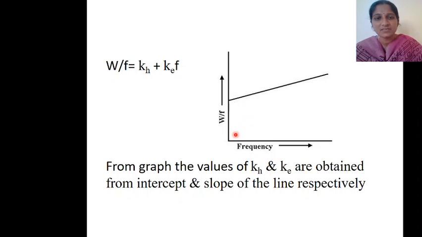The intercept will give you KH and the slope will give you KE. As KH and KE are known, if a particular frequency is given, you can calculate the hysteresis losses as well as the eddy current losses. So by this method you can calculate both.